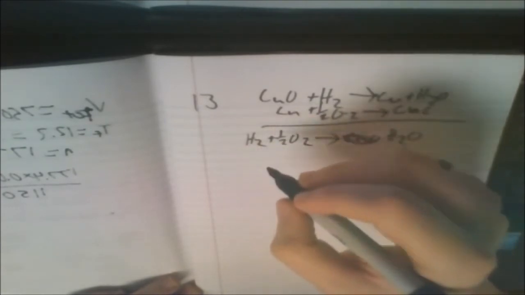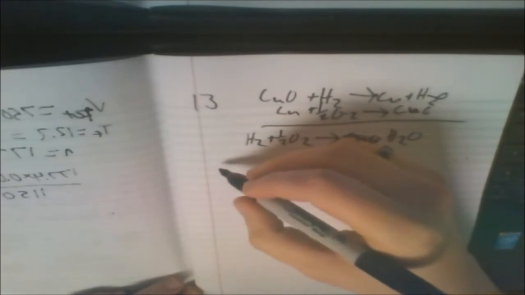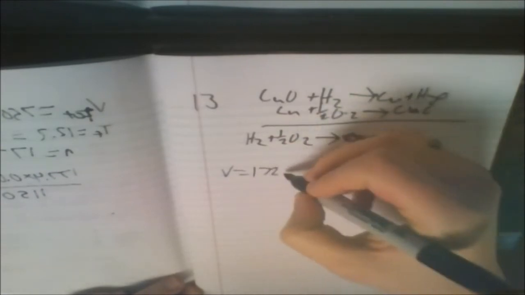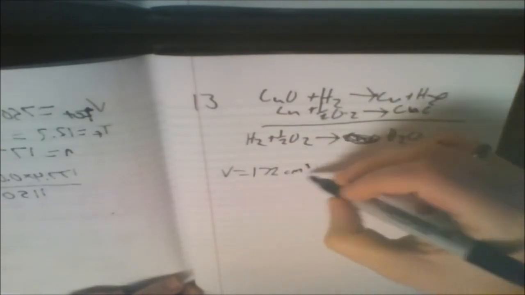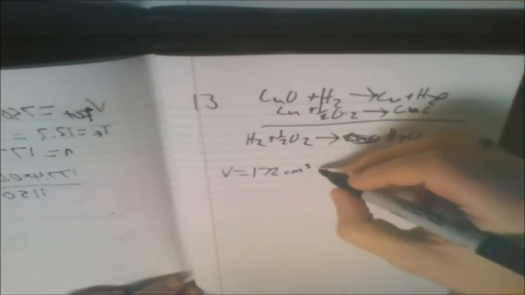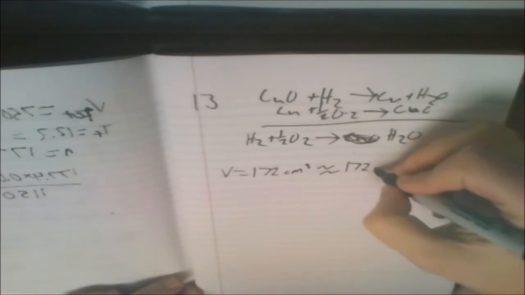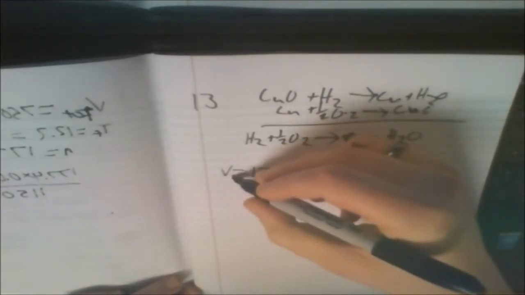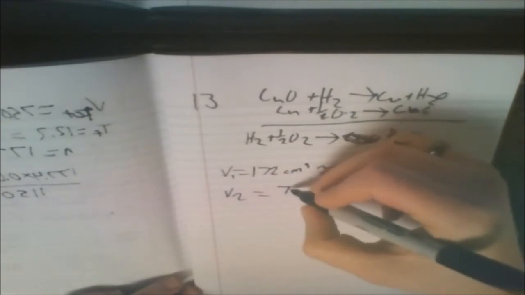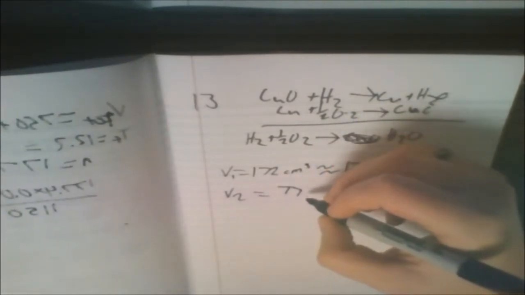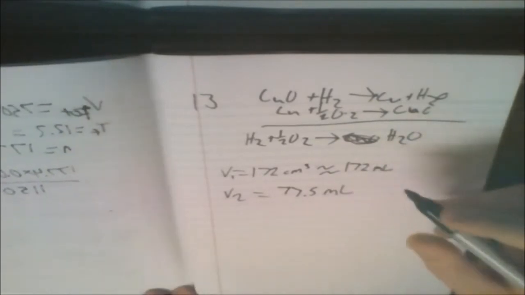is, in our changing of volume, we go from a volume of 172 centimeters cubed, which, as I said, there's 1 milliliter per centimeter cubed, so 172 milliliters of volume, V1, goes to V2, 77.5 milliliters volume.